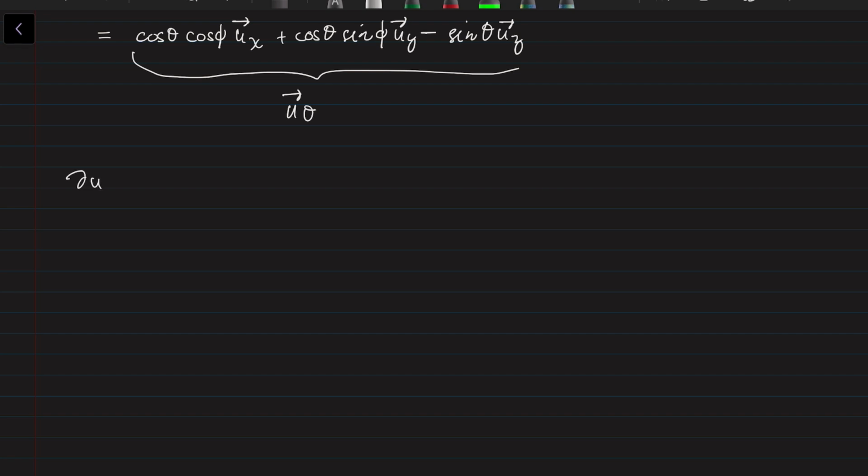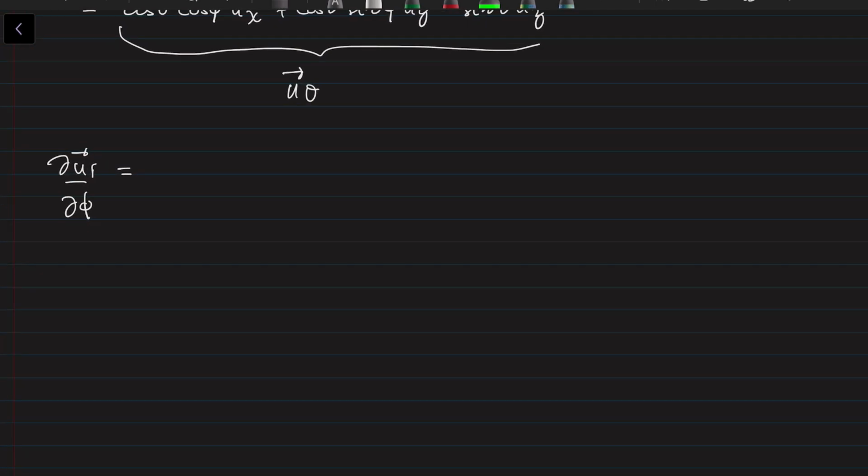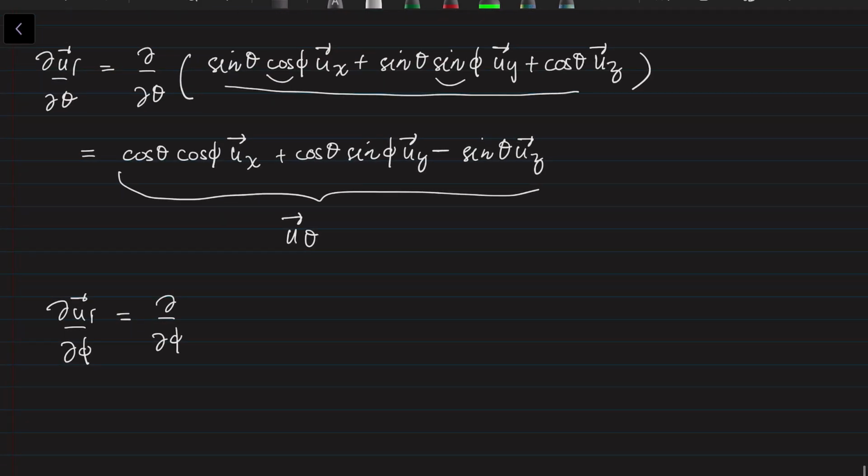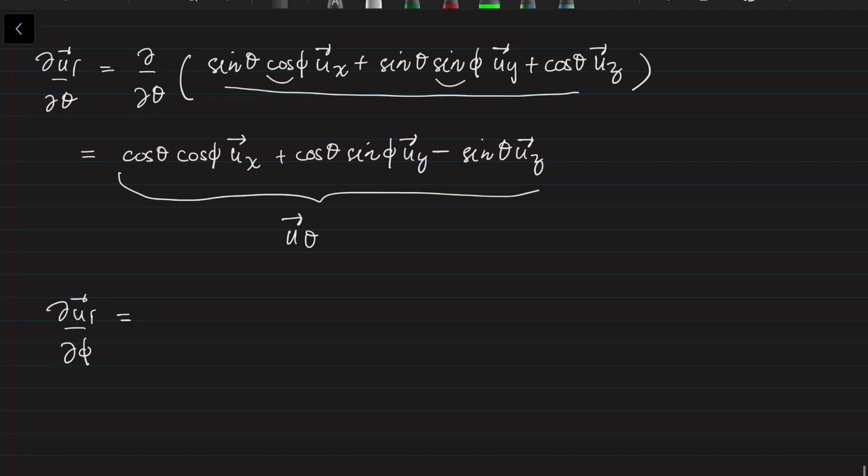So dur by d phi, what is that equal to? That's equal to the partial by partial phi of this expression. So instead of writing it out again, we can directly compute it. The derivative of cosine phi is going to be minus sine phi. Remember, I'm taking my partial derivative with respect to phi, so I don't touch anything that has a theta in there.